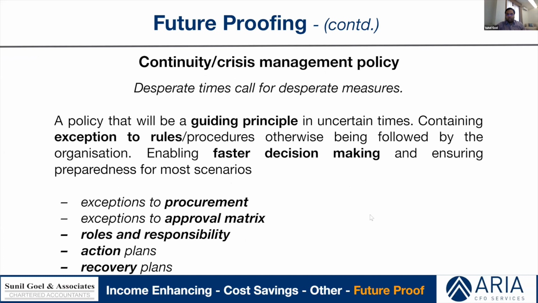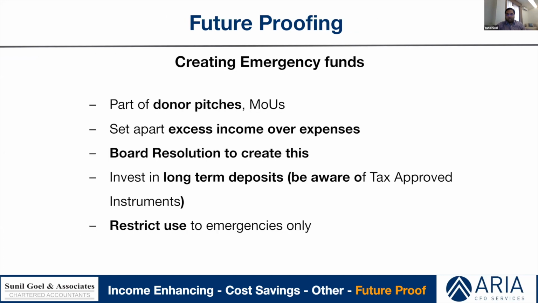You need to make sure that you're creating an emergency fund, which would ensure that you have a sufficient amount of money to tide over these difficult times to make sure that your regular operations are continuing. For these emergency funds, you'll have to make sure that you are including this as part of your upcoming donor pitches as well as your MOUs.